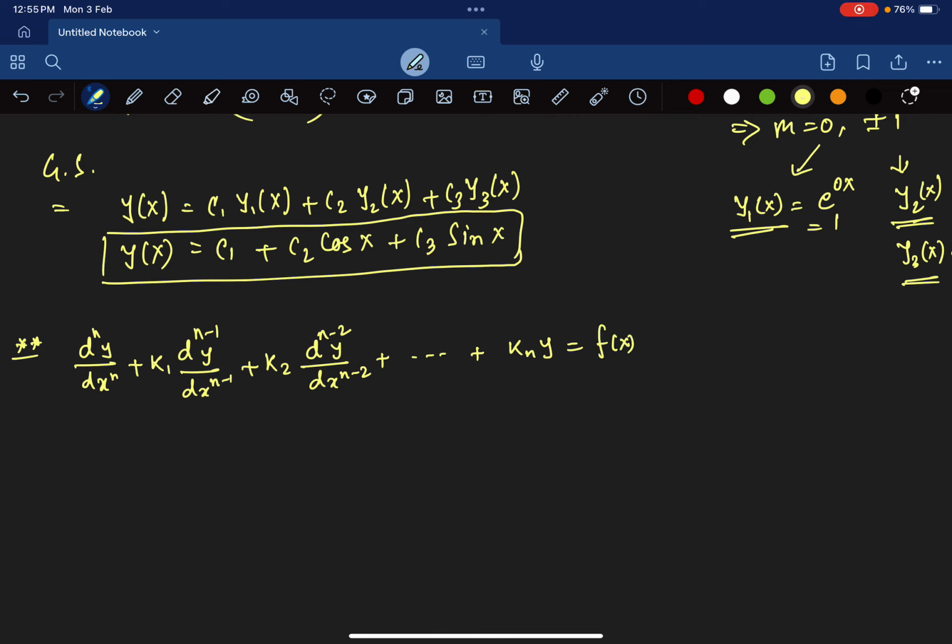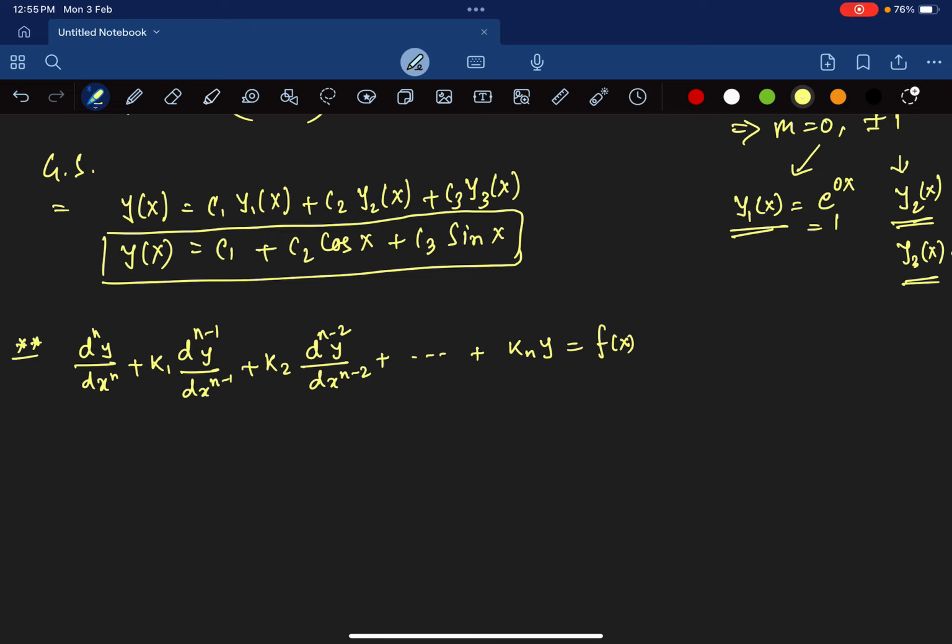Now I am writing here f(x), which is nothing but a function of x. So in that case, what will be the solution? If you put 0 here, immediately you get the nth order homogeneous differential equation.